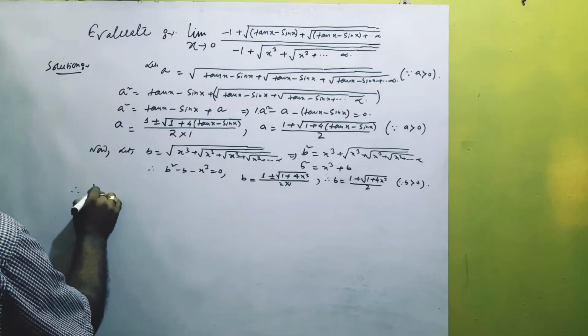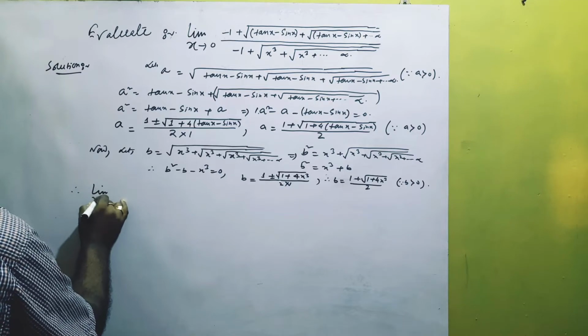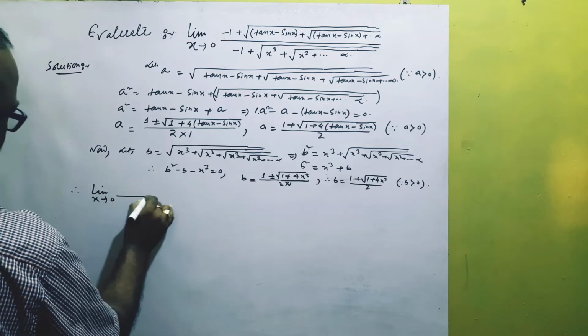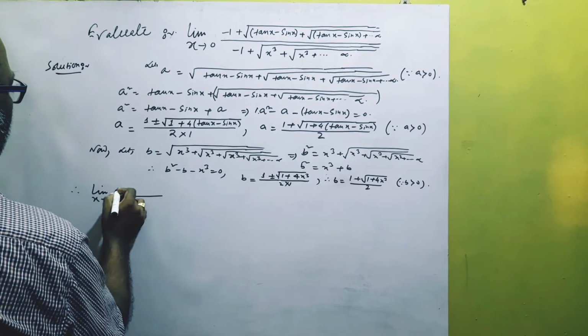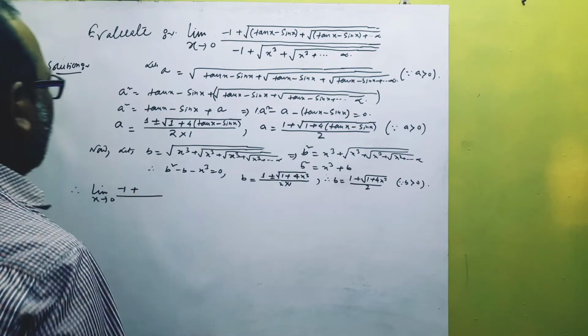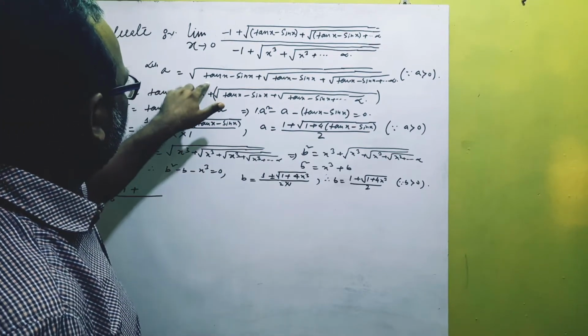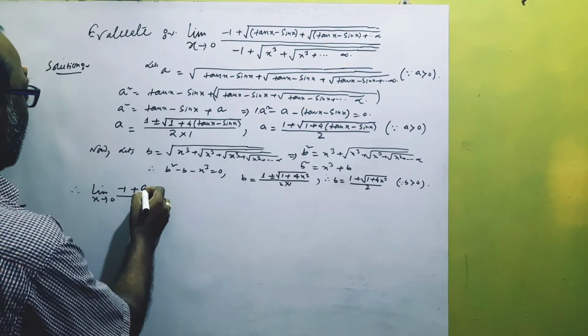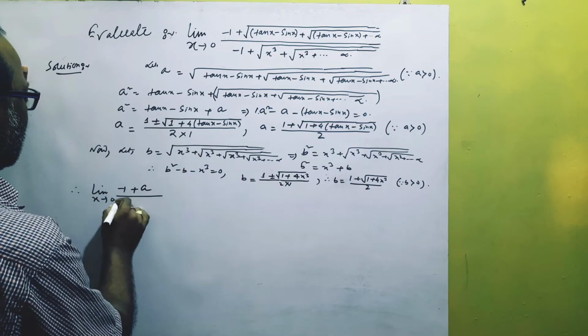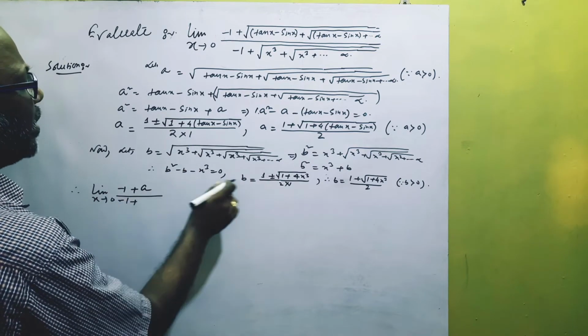Since the limit x tends to 0, this is minus 1 plus the formation of A, we put A here, and the same minus 1 plus B in the denominator.